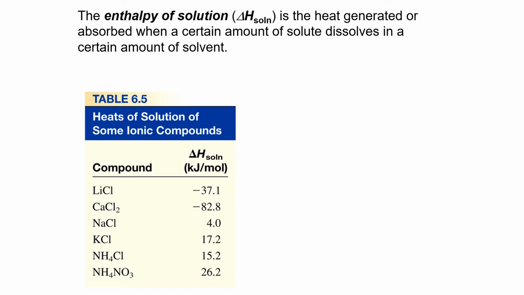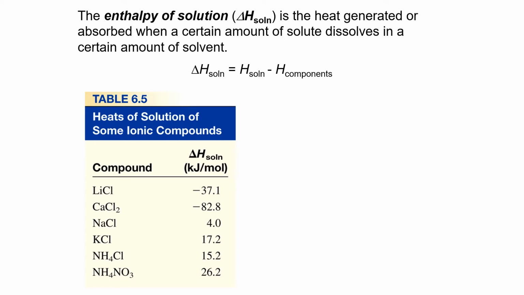So, enthalpy of solution, or delta H of a solution, is the heat generated or absorbed when a certain amount of solute dissolves in a certain amount of solvent. So this is a solution. And delta H of the solution equals H of the solution minus H of the components.